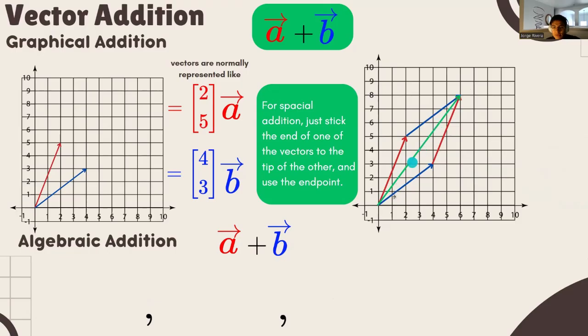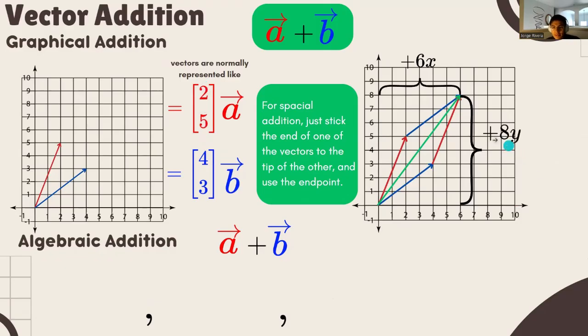This forms a new vector from the origin. It forms a new vector, right? So it goes from here all the way to here. And that's how we can add these two vectors, because it goes plus 6, because the addition of the horizontal displacement is going to be 6.